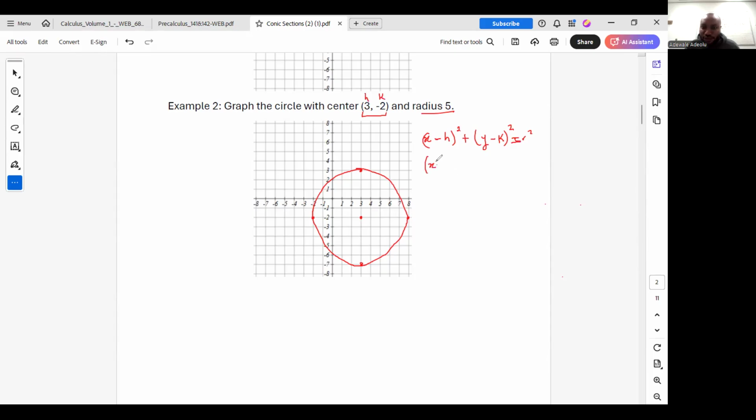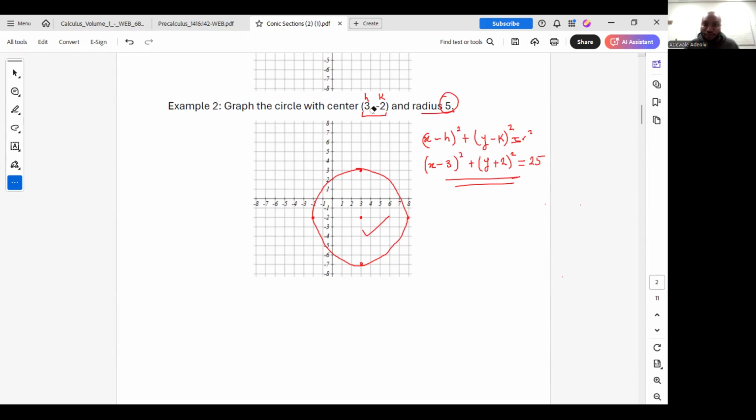So we just have (x minus 3) all squared plus (y minus, now k is negative 2, so that becomes plus 2) squared equals, our radius is 5, so r squared is 25. So that is that.